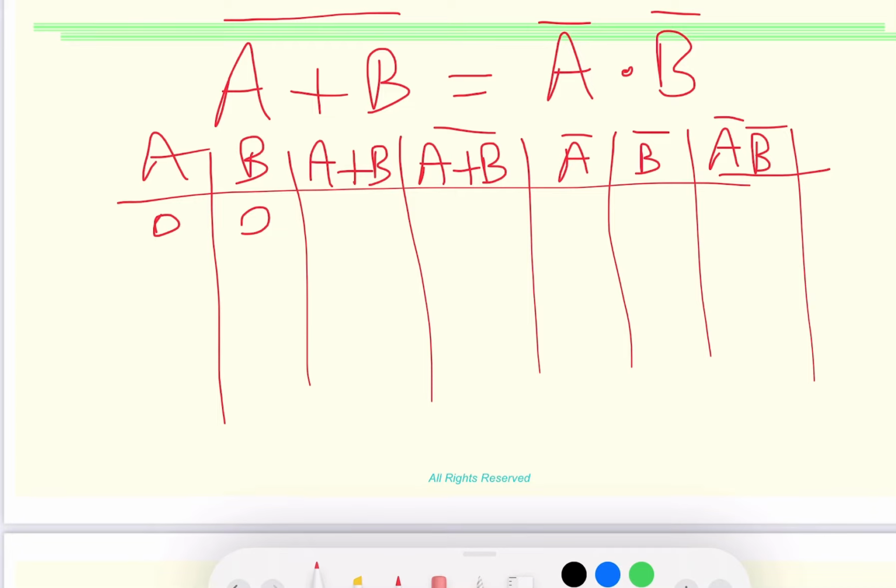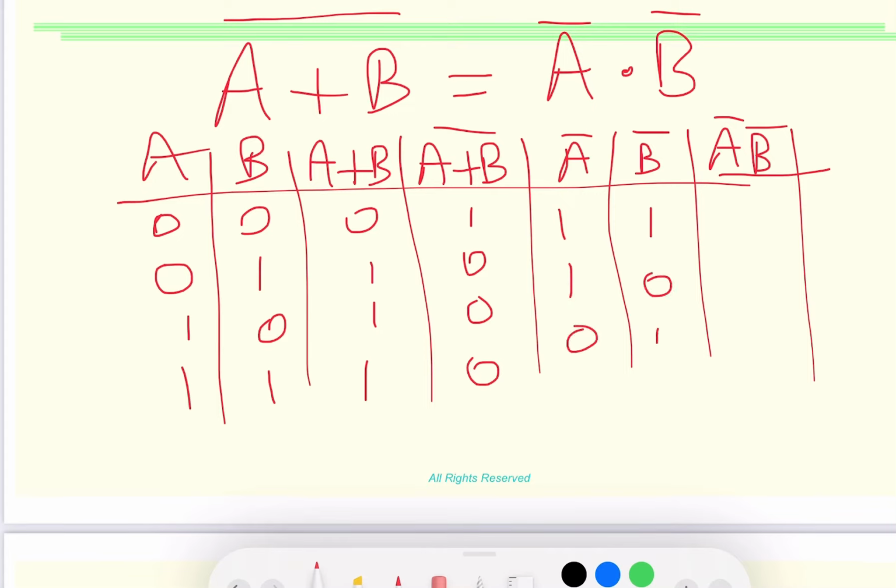So again, start with the inputs. Here it's an OR, so at least one of those inputs turning high can turn the output high. Now we take the complement, and we can see straight away that the output will be high only when all inputs in an AND operation are high.